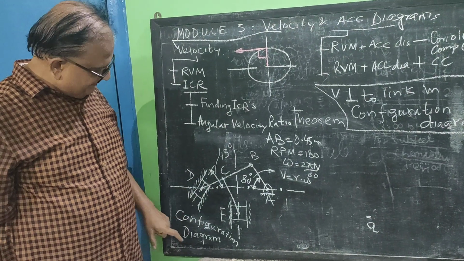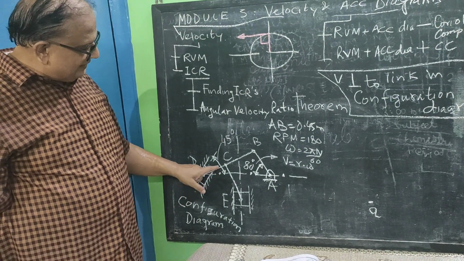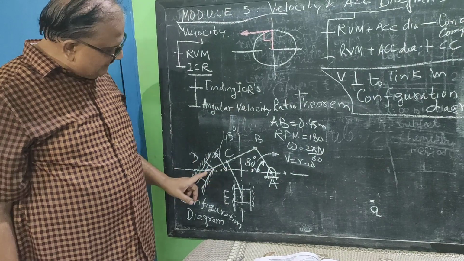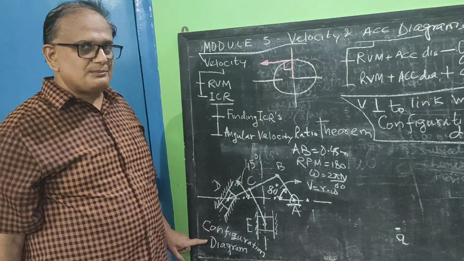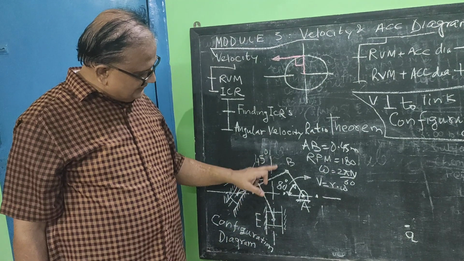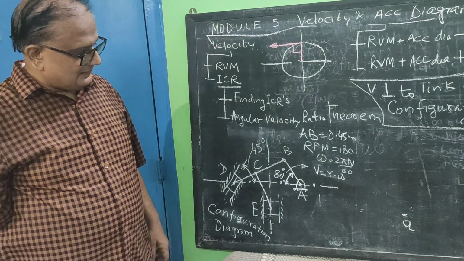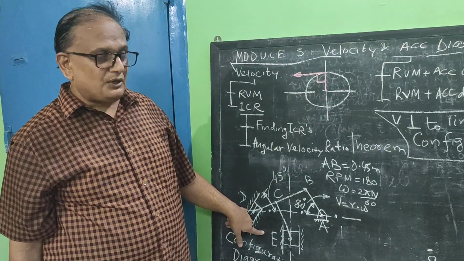Same way there is another slider which is inclined at an angle of 45 degrees. This slider with respect to this fixed point will always move in this particular direction, चाहे कुछ भी हो वो इसी direction में जाएगा. Same way this slider will always move in the vertical direction. So what we do? These two are known as the soft spots.